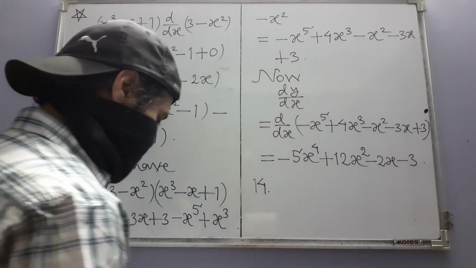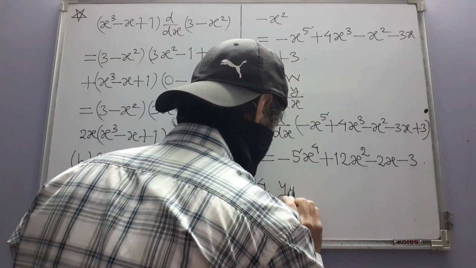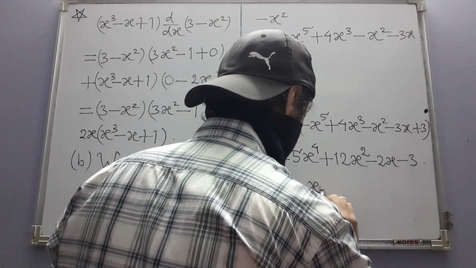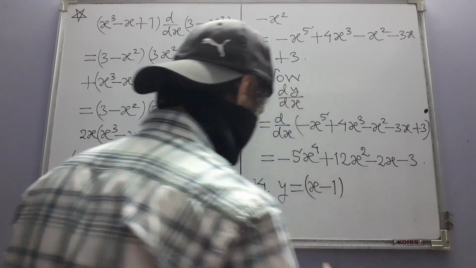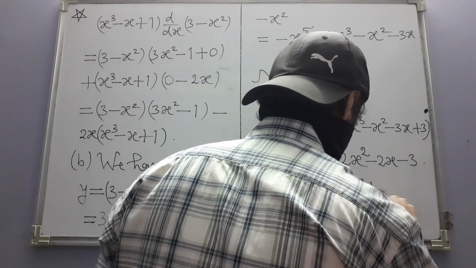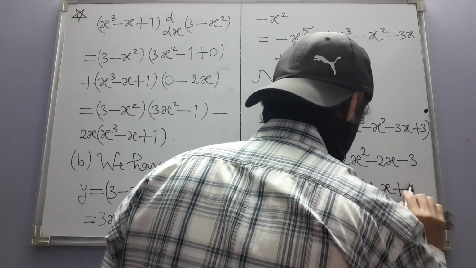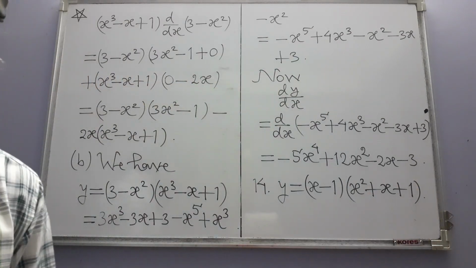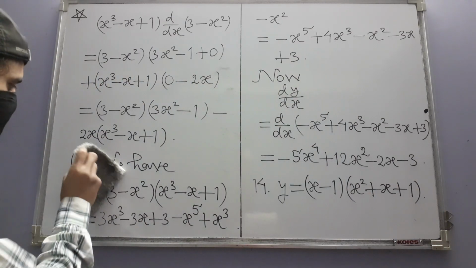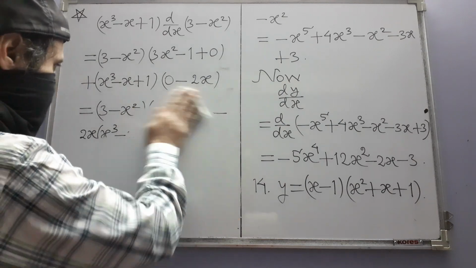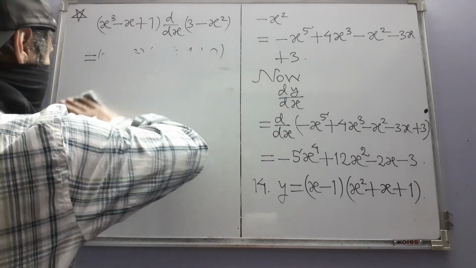The next one is a similar one. Here y is x minus 1 times a quadratic polynomial x square plus x plus 1. So here also first we will use the product rule and then that other method without using product rule.